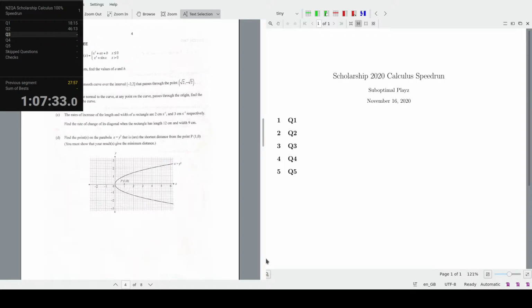At -1 on root 2, it's probably just going to be the negative of that. Oh, no, wait, it is the same thing, because it's also the, yeah, okay.